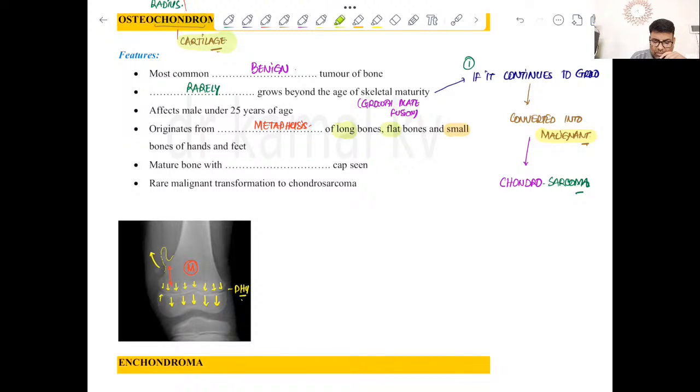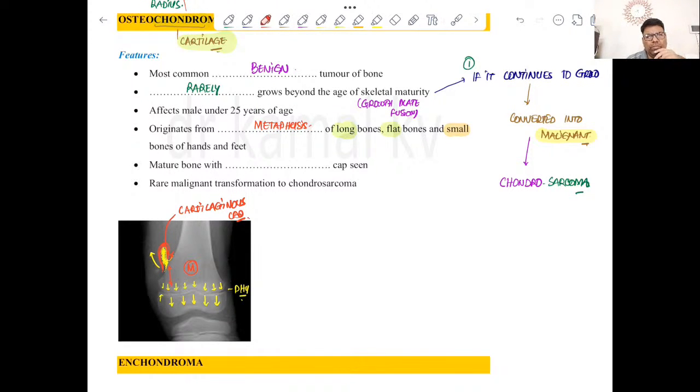So now what is the concept of this cartilage? The concept is that this tumor is covered by a cartilaginous cap, right? So this is the cartilaginous cap, and therefore we are using the word osteochondroma, right? So this yellow one is all mature bone, okay, and this mature bone is covered by a cartilaginous cap, and this cartilaginous cap is not seen on X-ray.